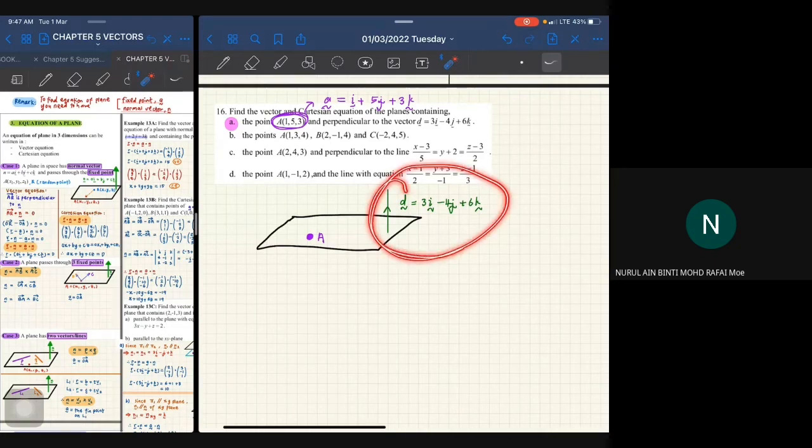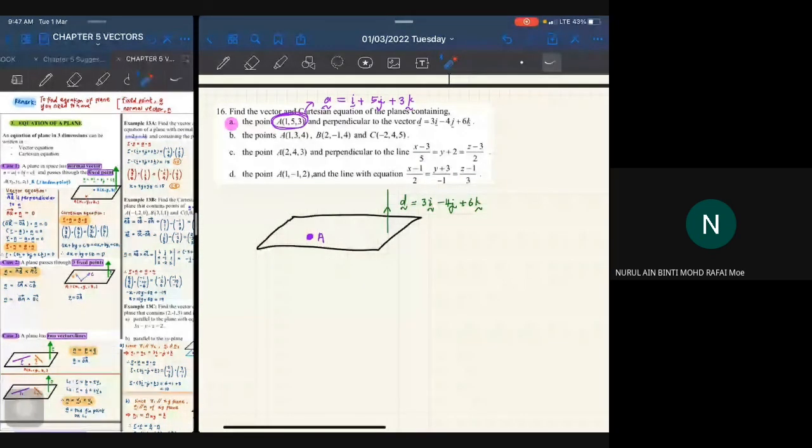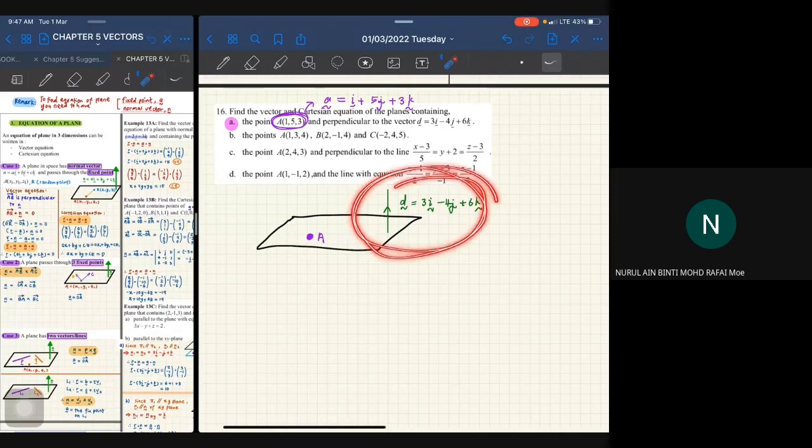This one apa? What vector is this? So this is normal lah.